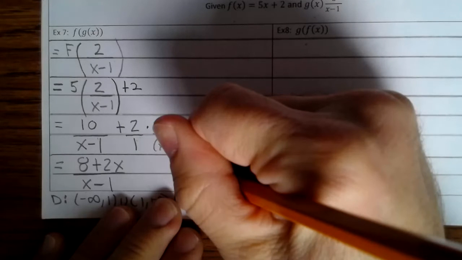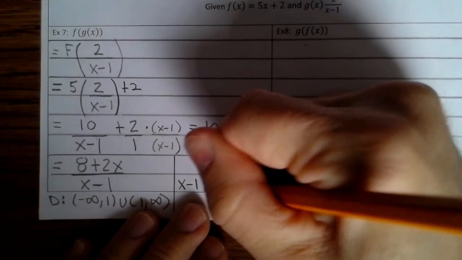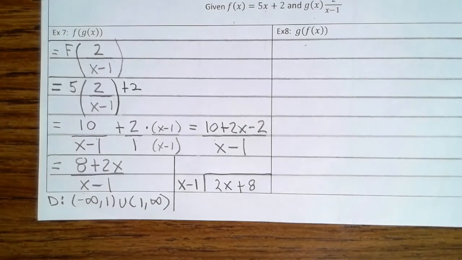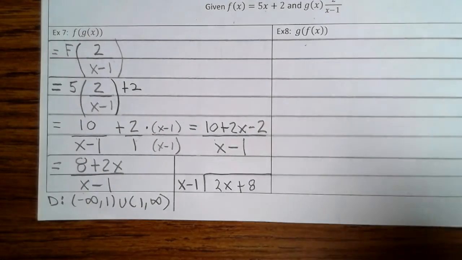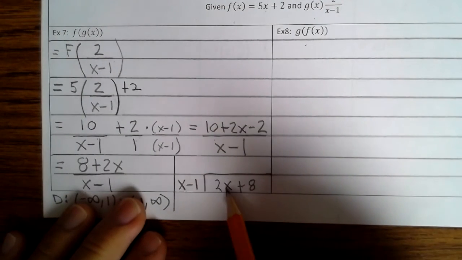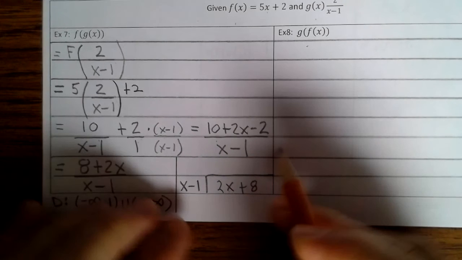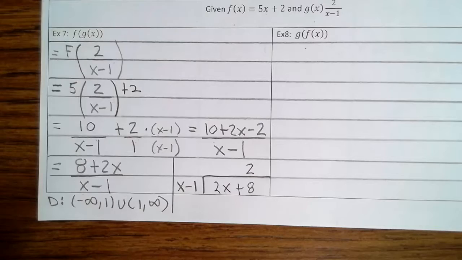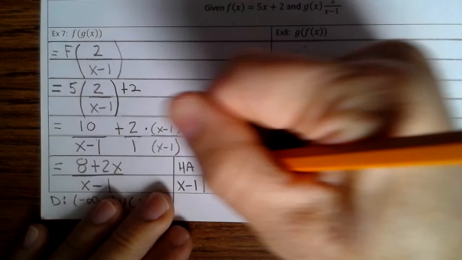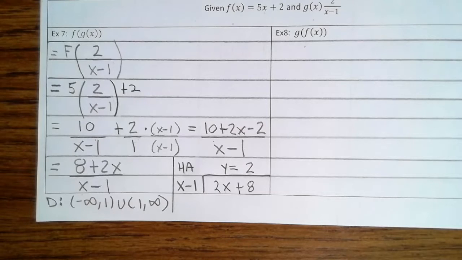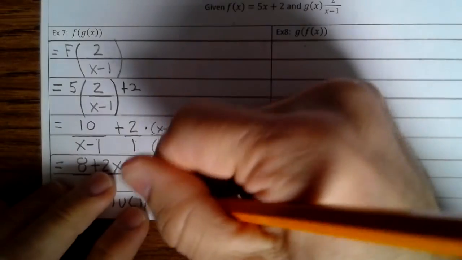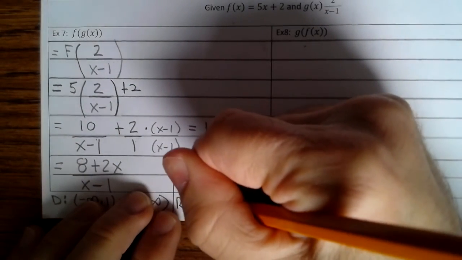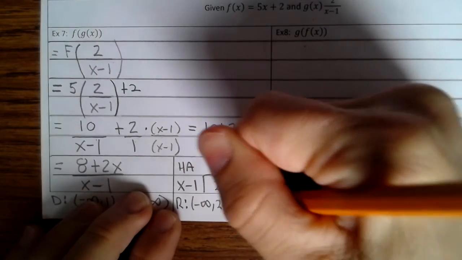Okay, so you ask yourself, what do you multiply x by to give you 2x? The answer to that is 2. Since there's no x, we know that this is a horizontal asymptote at y equals 2. That means the range is negative infinity to 2 or 2 to infinity. All right, go ahead and finish up example 7.